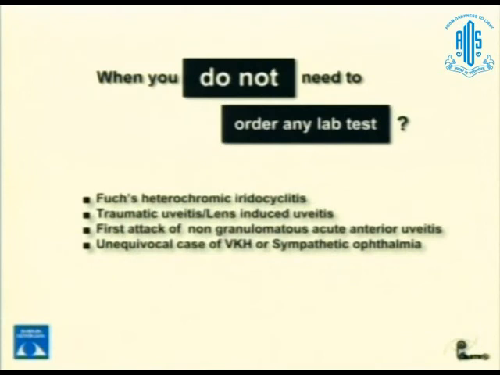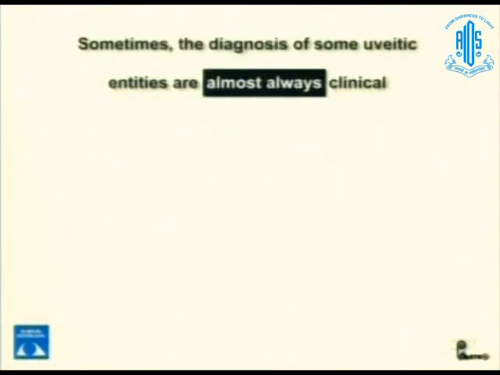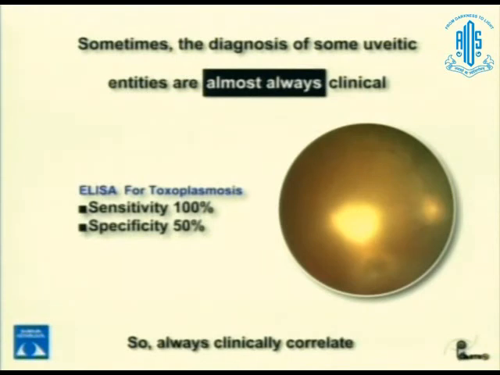There are some conditions where we don't order any test, like Fuchs heterochromic iridocyclitis, traumatic uveitis, first attack of non-granulomatous uveitis, and unequivocal cases of VKH or sympathetic ophthalmia. No need of investigating these patients. Sometimes the diagnoses are clinical. For example, toxoplasma: though the sensitivity is 100%, the specificity of the test is only 50%. So always try to correlate these conditions.